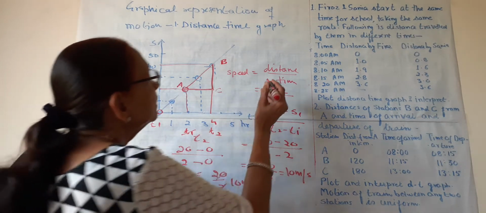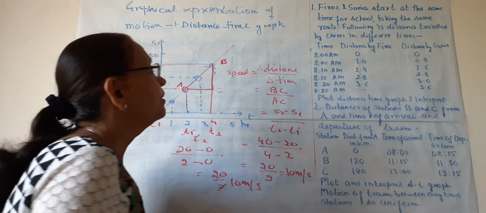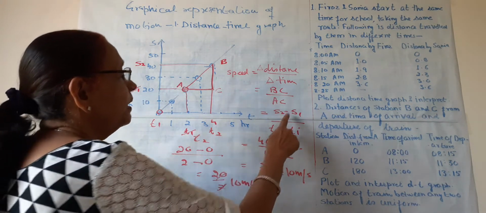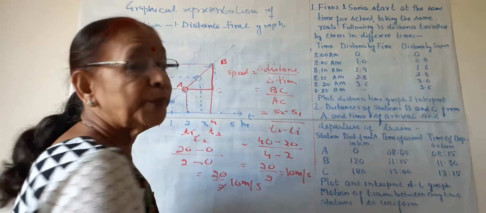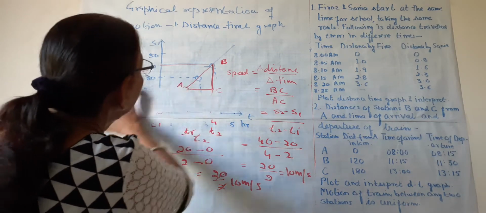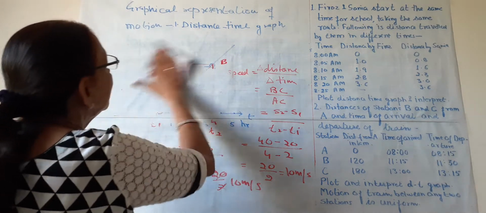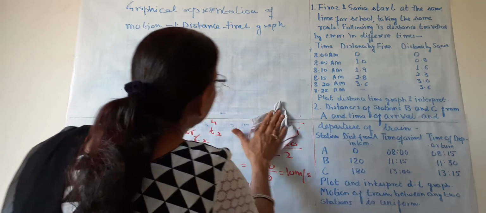That is, we can write here, change in distance upon change in time. So change in distance upon change in time will give us speed. So this is how speed is calculated by the DT graph. The DT graph gives us the physical quantity speed.